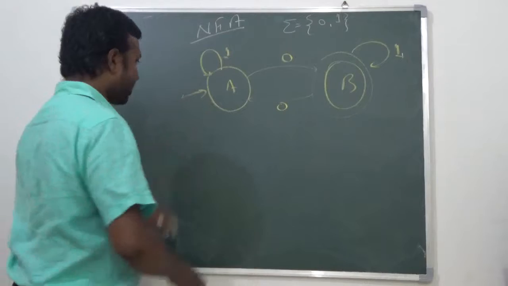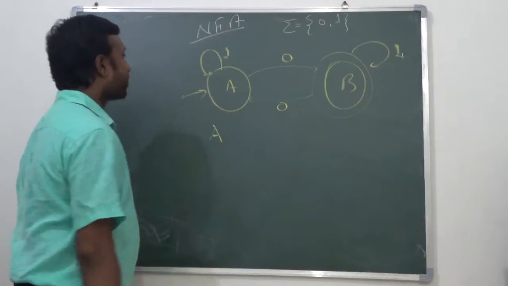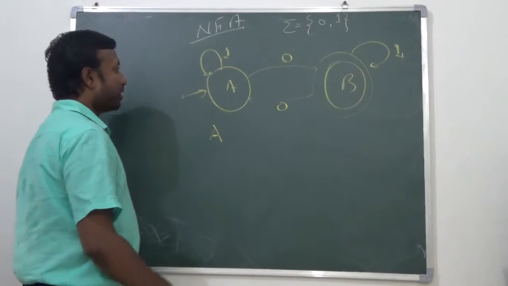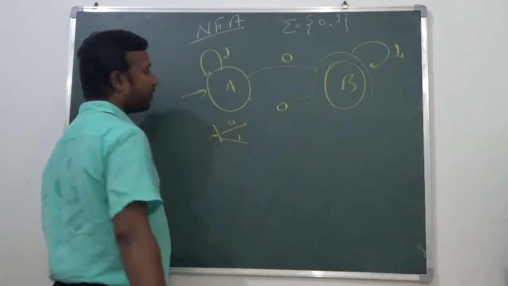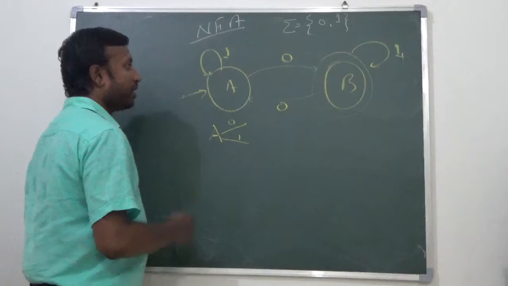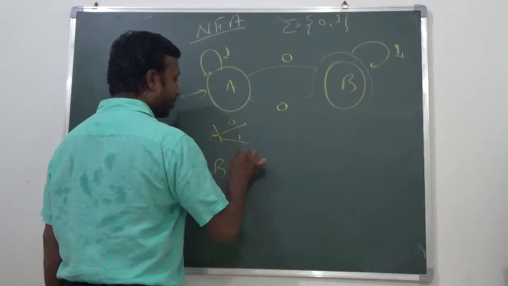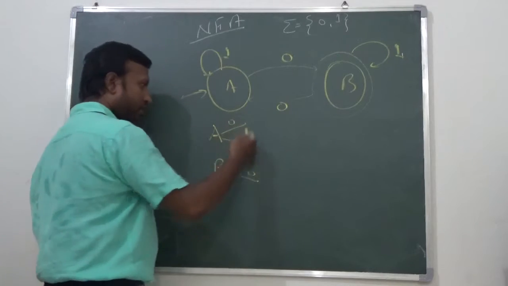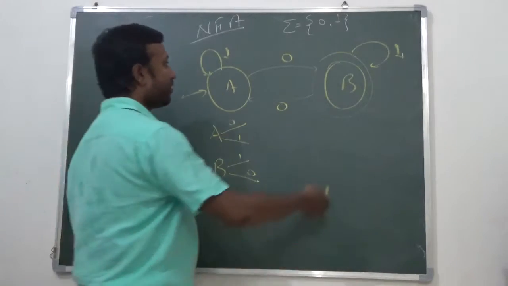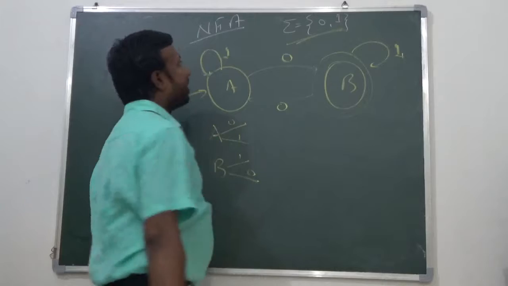If we analyze A, there is one branch for 0 and only one branch for 1. If we analyze B, there is one branch for 1 and one branch for 0. The alphabet is 0, 1.